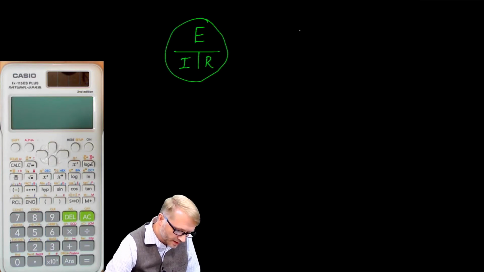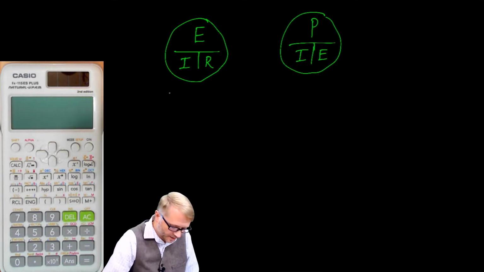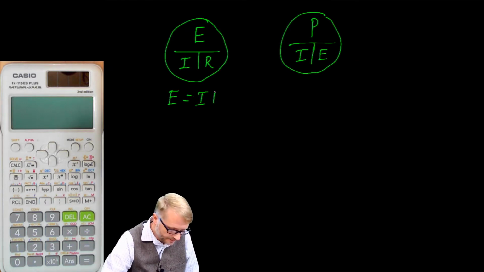We introduced Ohm's law, and you recall we showed that as a circle, and we talked about the cover-up method. We also introduced power, again, as a circle with the cover-up method. Voltage, you'll see this as E, sometimes as V, is equal to IR.